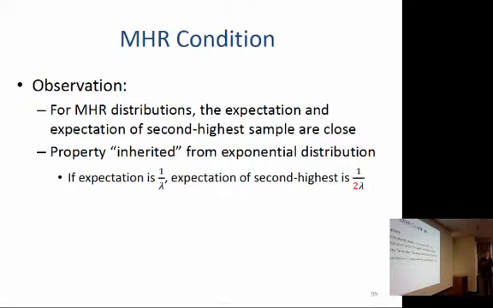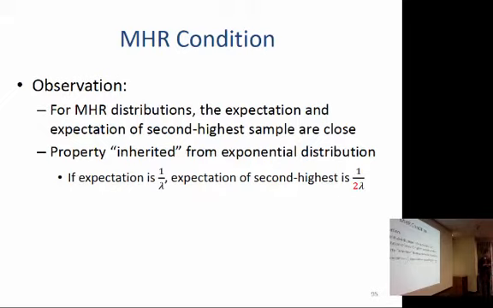So MHR distributions are a subset of regular distributions, and they're a pretty rich subset, even though they guarantee a lot. They don't have a long tail, but they're still pretty rich. The exponential, the uniform and the normal distributions are all in that.